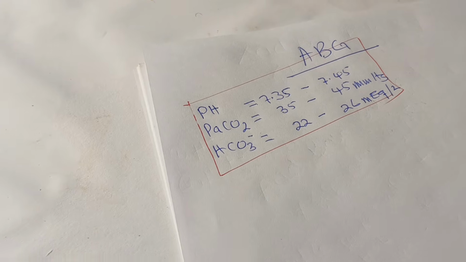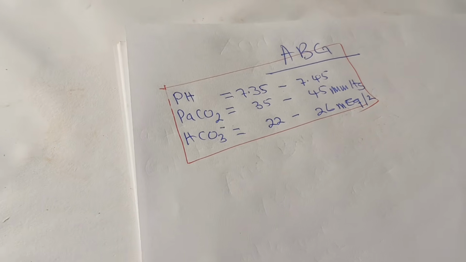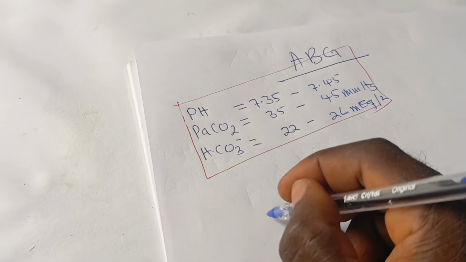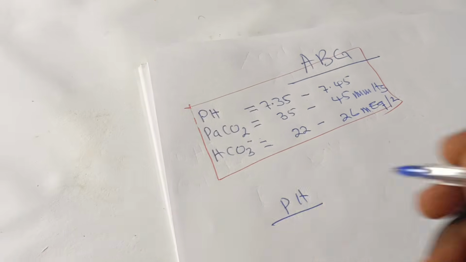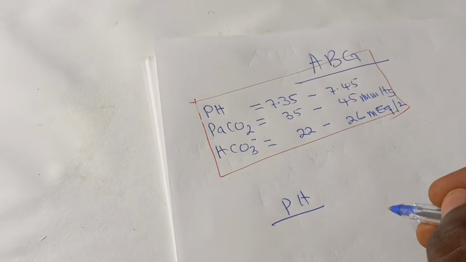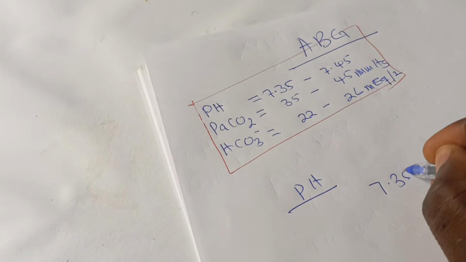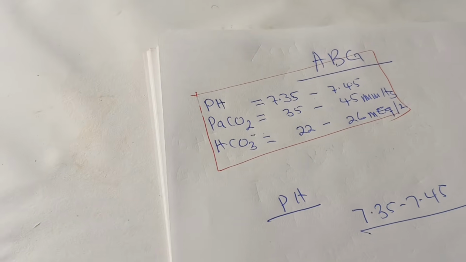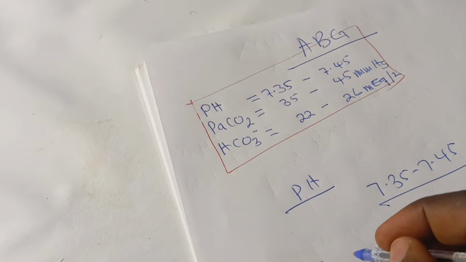So let's start with the big idea. What really goes on? The big idea. So for the pH, let's talk about the pH. We already said that the value is what? 7.35 to 7.45. Okay. Now, here's the thing.